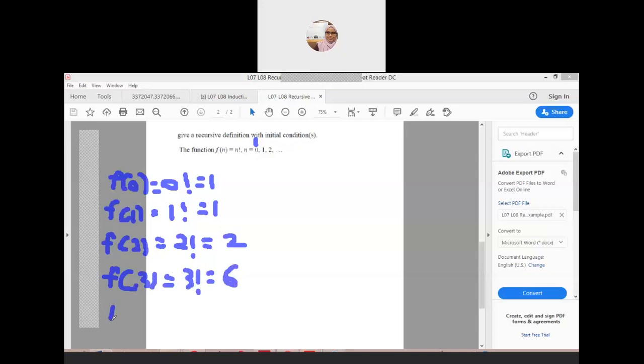Okay, for f4 is equal to 4 factorial. 1 times 2 times 3 times 4 is equal to 24. Okay, so now we see the difference in order to get the pattern. Okay, this will become our basis step.